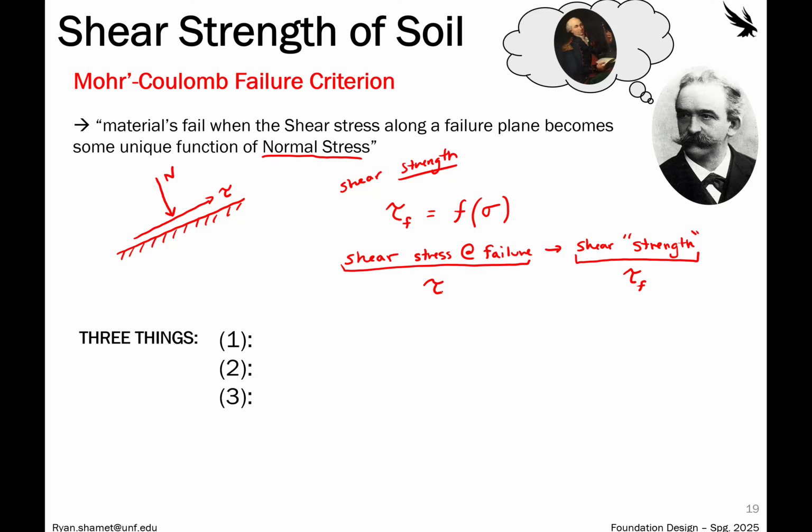It depends on three things in soil. So it depends on the frictional resistance. Thinking about grains, what might play a role in the frictional resistance, like thinking about sand or soil?